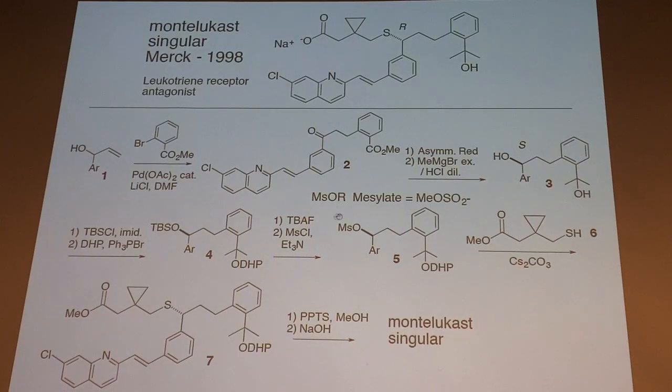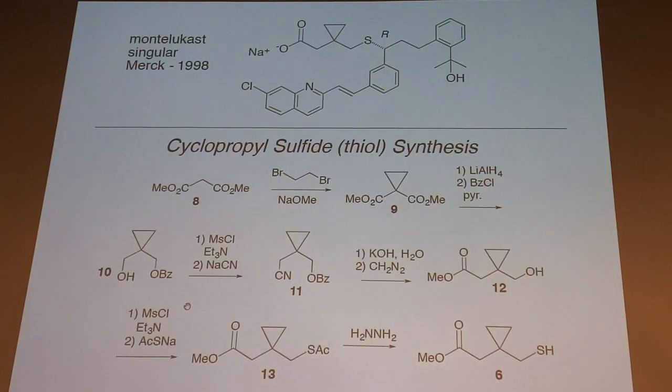Here we're putting on a mesylate group. That's like a tosylate. It has a methyl group there. And then here's our charged nucleophile. This carbonate base can take the proton off the sulfur. And then the backside attack, yeah, inverts that stereochemistry right there. And that's Singulair, another asthma drug.